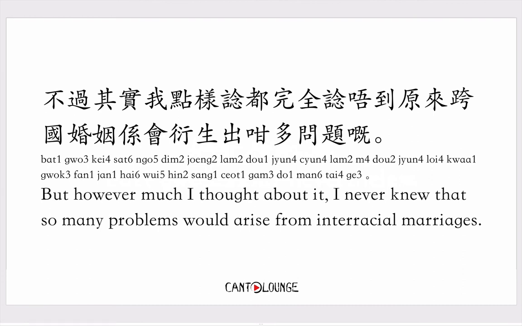Anyway, a useful phrase might be 點樣諗到, however I think of it, however much I thought about it, I still did not think, 完全諗唔到, or could not conceive that blah blah blah.